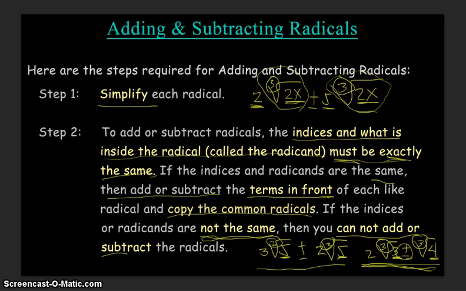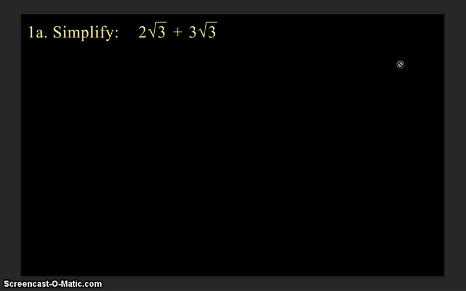Okay, so punta tayo sa example number 1A. So, meron tayong 2 times square root of 3. So, ang operation yan is ito, magkadikit yan sa multiplication yan. 2 times square root of 3. Ganon din dito, 3 times square root of 3.